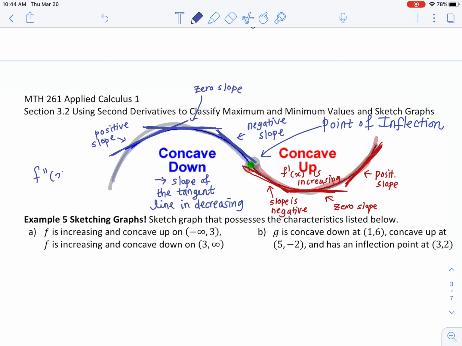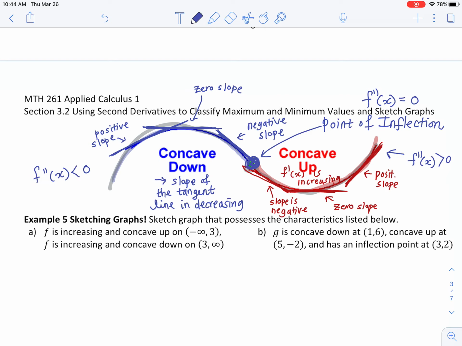Now notice for concave down, the second derivative is negative, right? And for the concave up case, the second derivative is positive. So what do you think is the second derivative at the point of inflection? What's in between anything negative and anything positive?